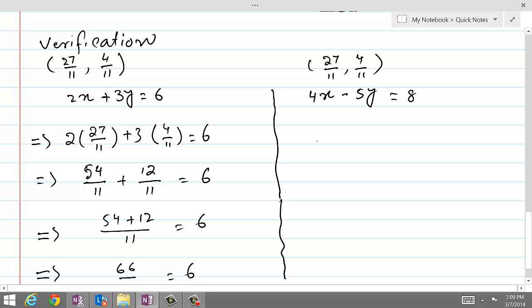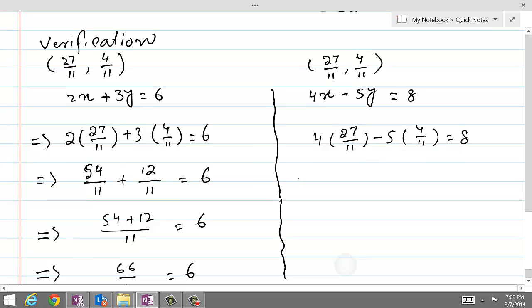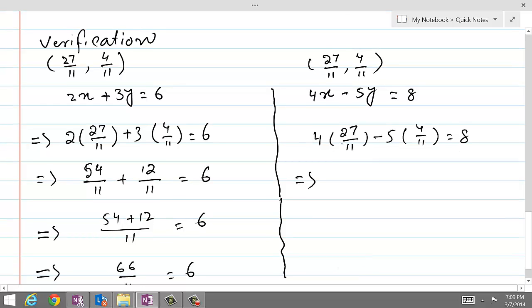For the second, we have 4 times 27 over 11 minus 5 times 4 over 11 equal to 8. And if that is true, then 4 times 27 is equal to 108.